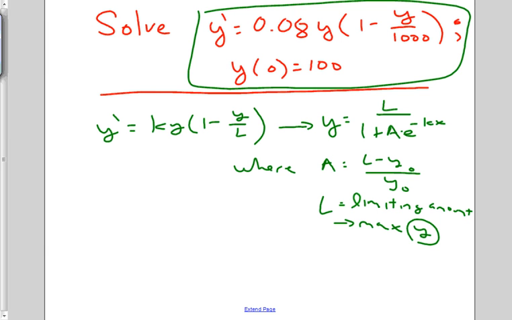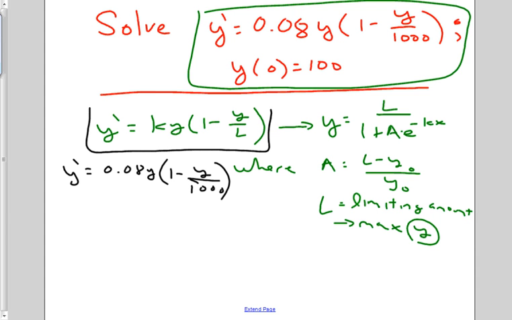Looking at our equation that we're given, y prime equals 0.08 y times 1 minus y over 1,000. Looking at what that means, we know right away that L equals 1,000, and we know that K equals 0.08.